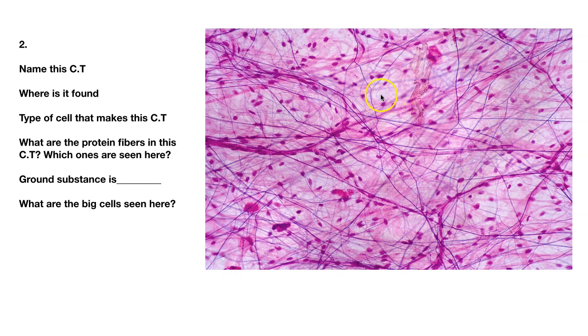The ground substance here is gel-like, syrupy gel-like ground substance. What are the big cells that you see here? These are macrophages, phagocytes that live within this areolar connective tissue.